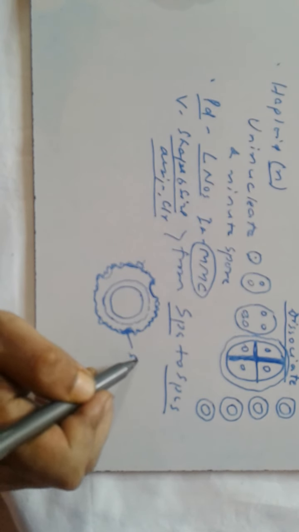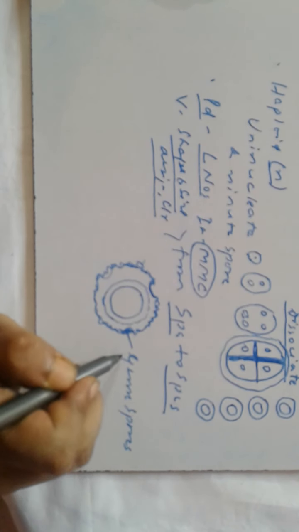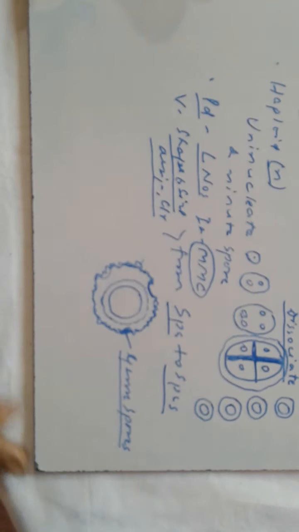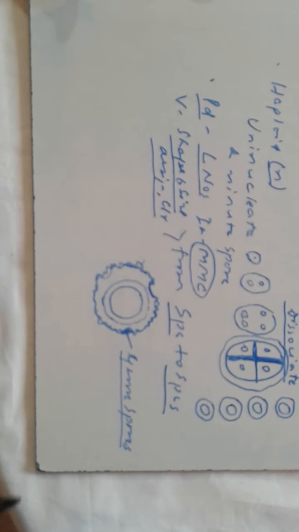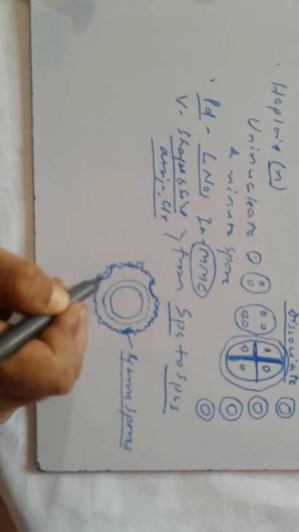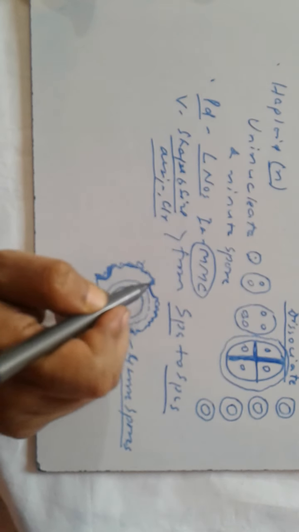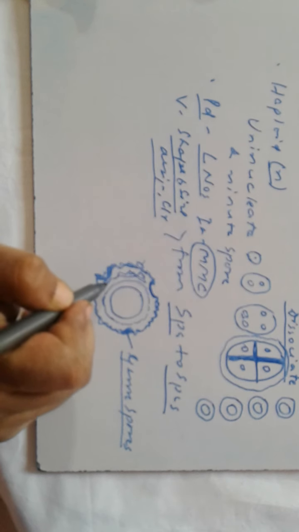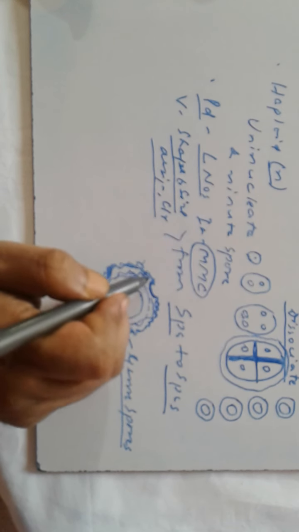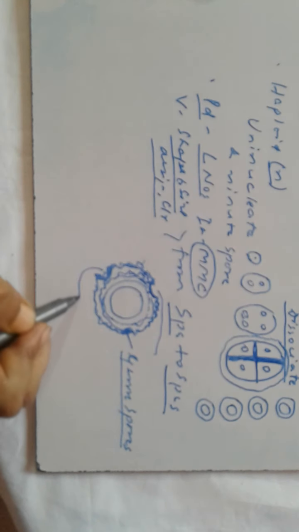So these are germ pores. In monocots there is only one germ pore, but in dicots we have three germ pores: one, two, and three.